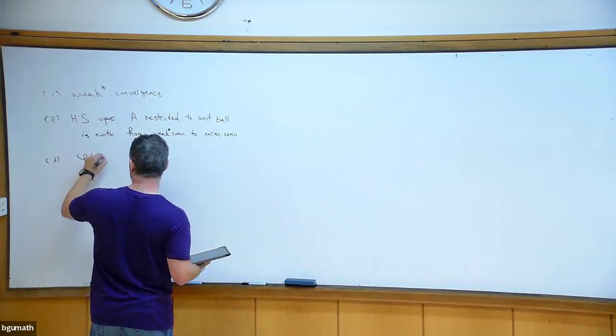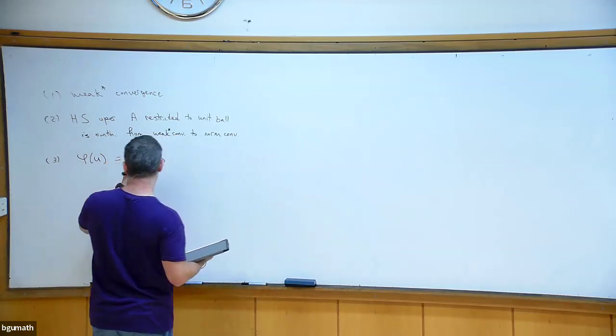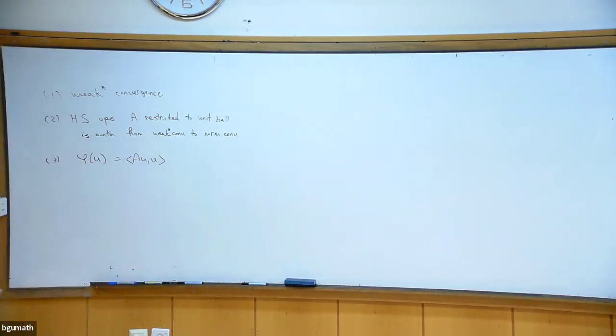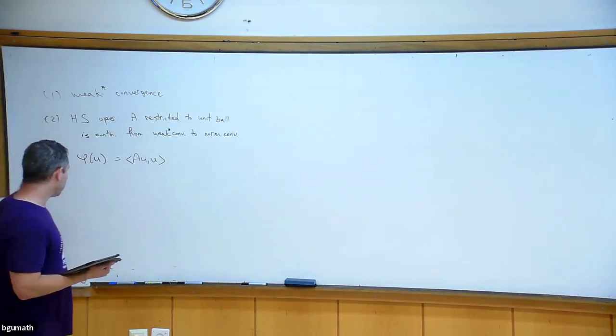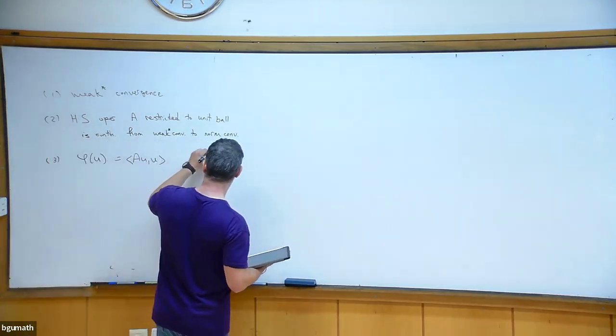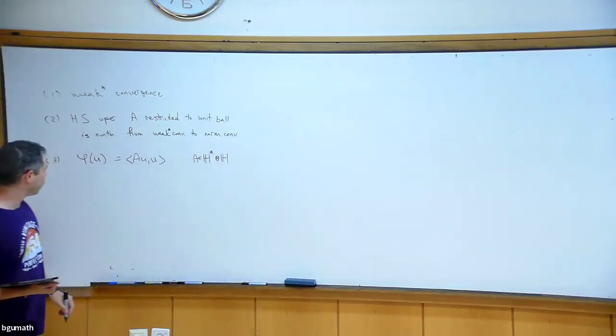Phi is a function defined on all vectors, for some operator A. At the moment I didn't even assume anything about this operator, but it will be Hilbert-Schmidt, of course, at some point. I am assuming that A is Hilbert-Schmidt. This was the notation for Hilbert-Schmidt operators.